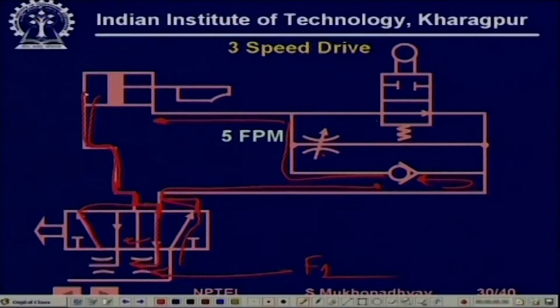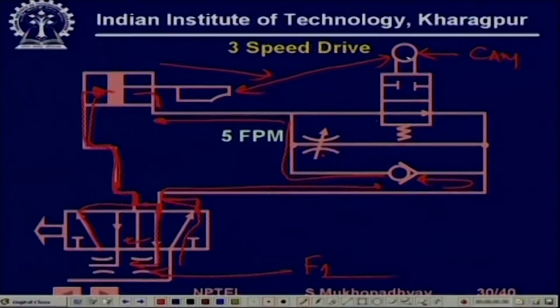So, it will flow through this into the cylinder freely, and then while coming out, initially, see, this is a cam operated valve, this is a cam, actually this cam and these are mechanical linkage. So, initially this cam is not operated, so therefore this is the position. So, it flows through the valve and returns and flows out through this path. So, the flow rate is F2.